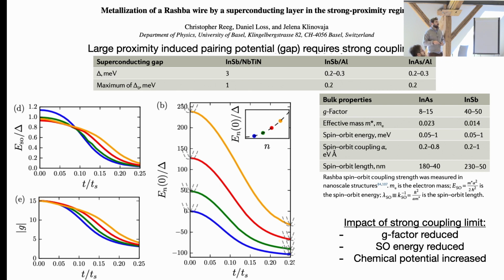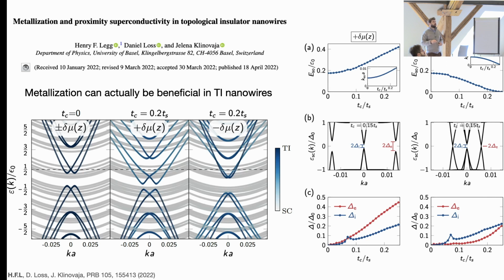We had a paper recently where we showed that for the TI nanowires, this is not such an issue, but it's still there, these metallization effects. Still, there's very little evidence of the size of the inversion symmetry breaking, in other words, the size of the spin-orbit coupling in either TI nanowires or Rashba nanowires. So by measuring this superconducting diode effect, you can get some idea of how big the inversion symmetry breaking is.